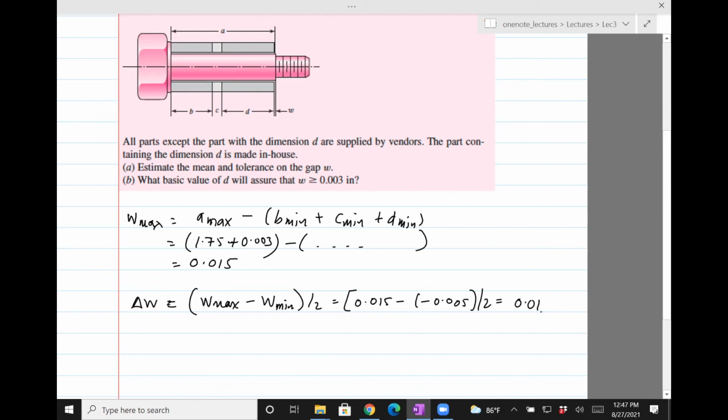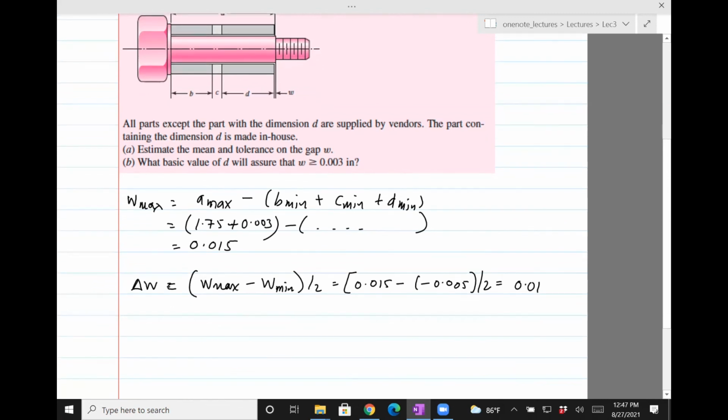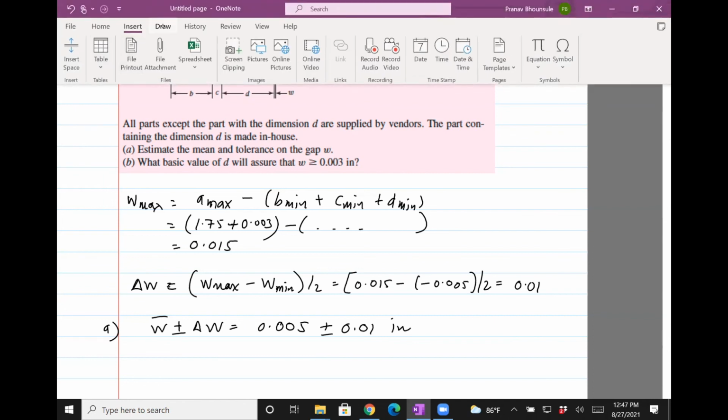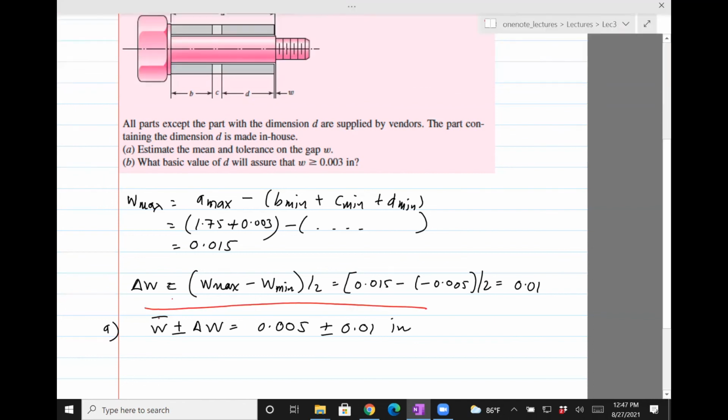I think I got the math right here. Okay, so which means that the answer for A is W plus or minus delta W is 0.005 plus or minus 0.01 inch. So that's the answer to the first part. What is the tolerance for W?